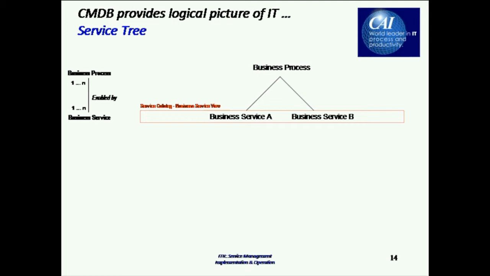These business processes are executed by our customers, whether we are internal IT or an external service provider. The business processes are executed by our businesses, and we enable them. That is, IT enables those processes. And underneath you see one example: a business process that is enabled by business service A and business service B, and those business services are visible in the business service view of our catalog.